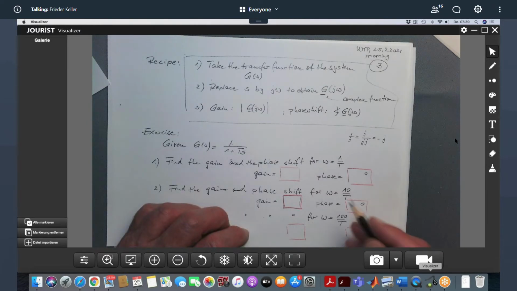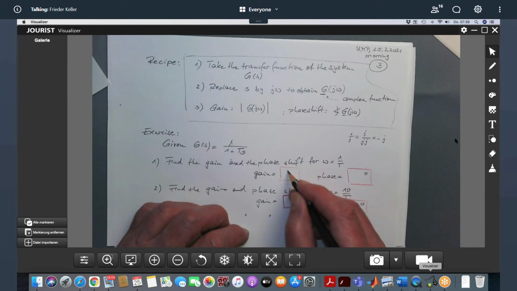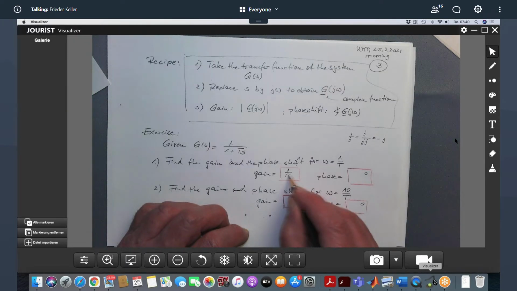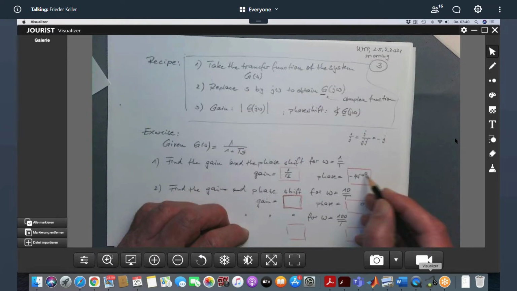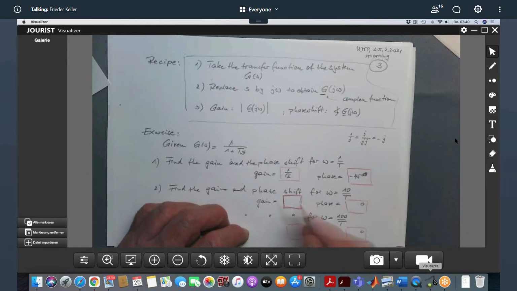Well, I think we don't have to do that anymore here. Gain is 1 divided by root 2, and the phase is minus 45 degrees. And here the gain is 1 divided by root 101, and the phase is, what?